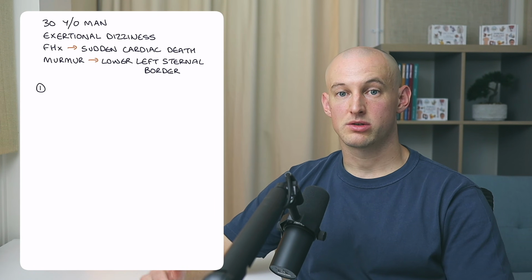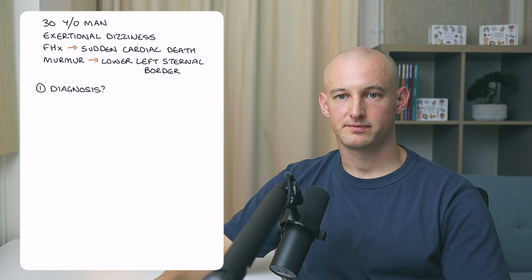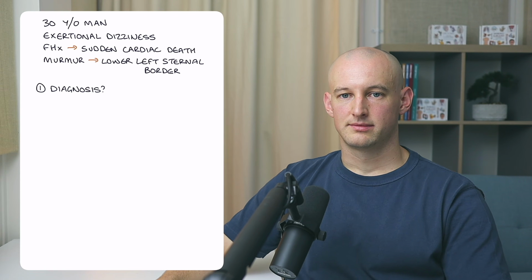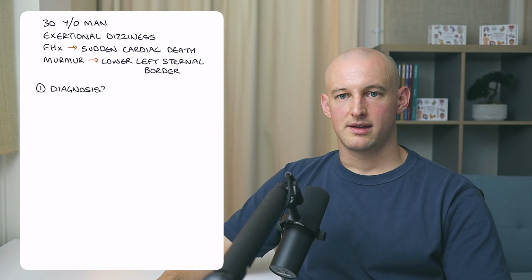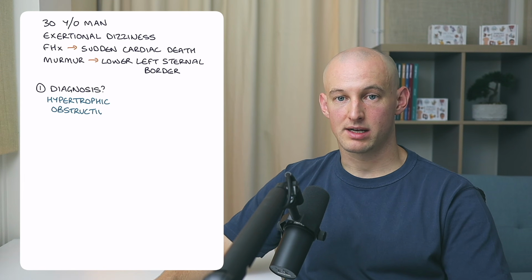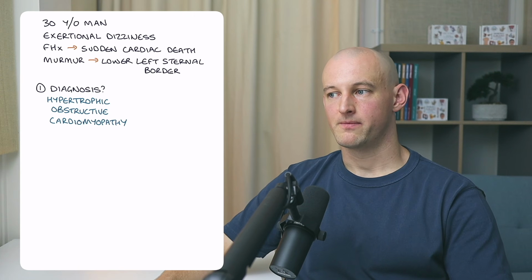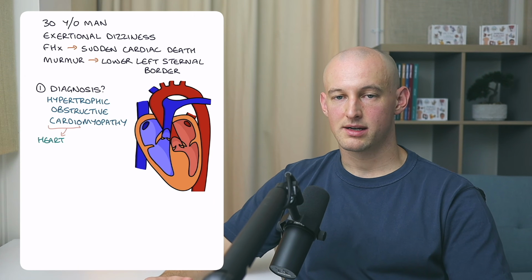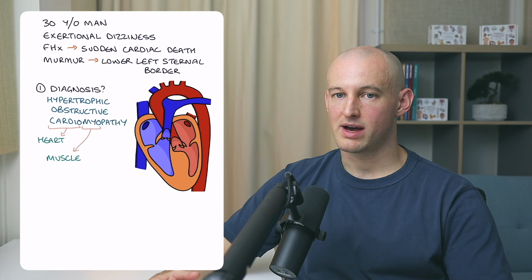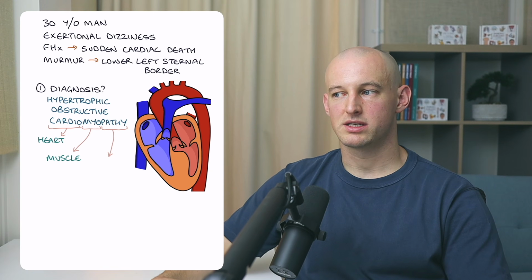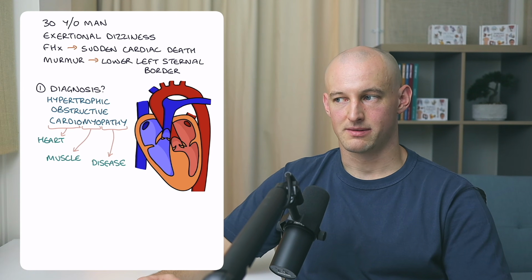Question 1. What's your suspected diagnosis? The suspected diagnosis is hypertrophic obstructive cardiomyopathy. Cardio refers to the heart, myo refers to the muscle, and pathy refers to disorder or disease.